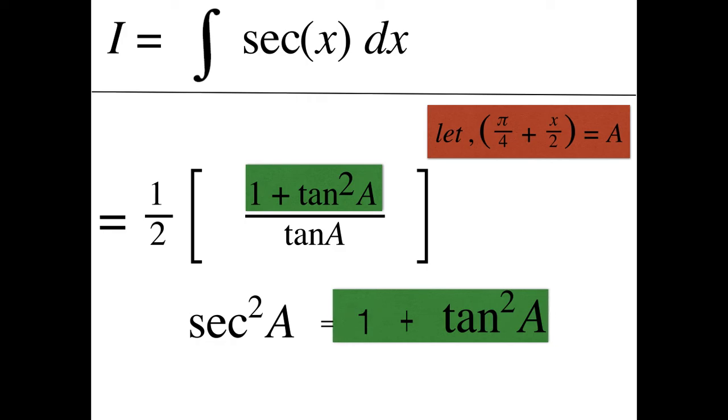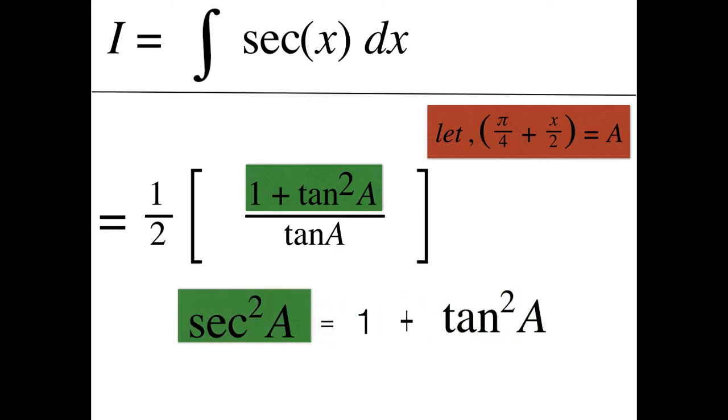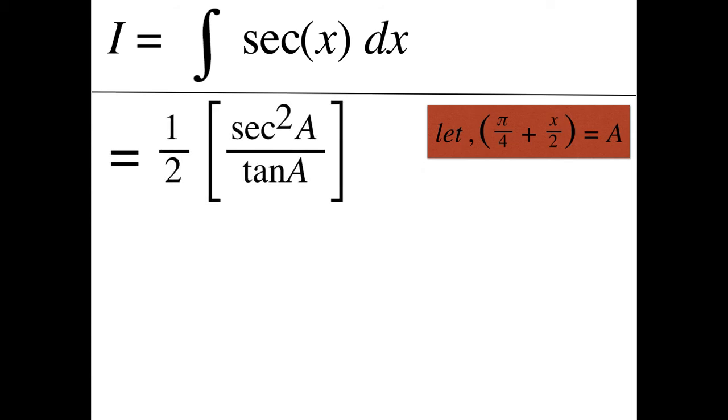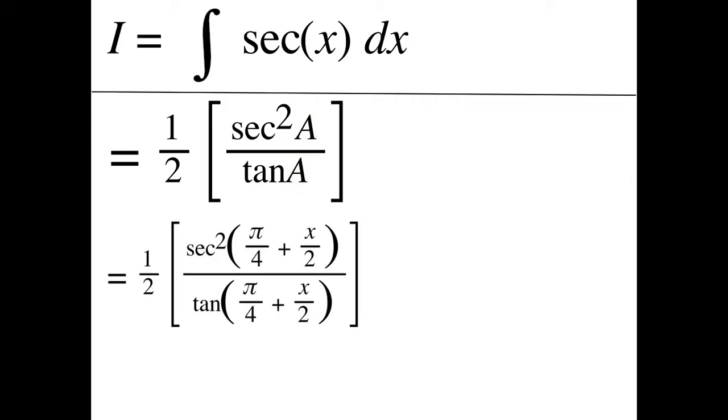Simple, right? It's 1 plus tan square a. After you simplify everything out, you will get this term. Now look at the a. Can we substitute a with pi by 4 plus x by 2? Obviously yes. After we do this, we'll get this term.